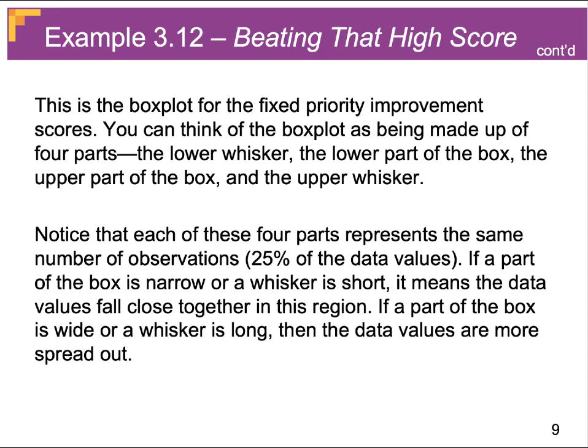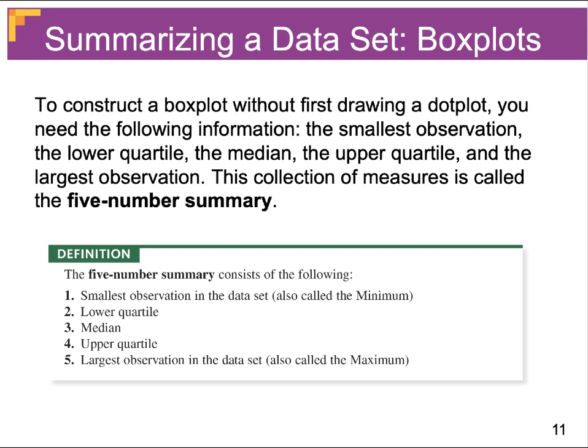So an important thing here with these box plots is they essentially are drawing what's called the 5-number summary. The 5-number summary consists of 5 values: the smallest observation, which is also called the minimum, the lower quartile, which you'll often see as Q1, that means the lower quartile, the median, the upper quartile, which is often referred to as Q3, and then the largest observation, which is the maximum.